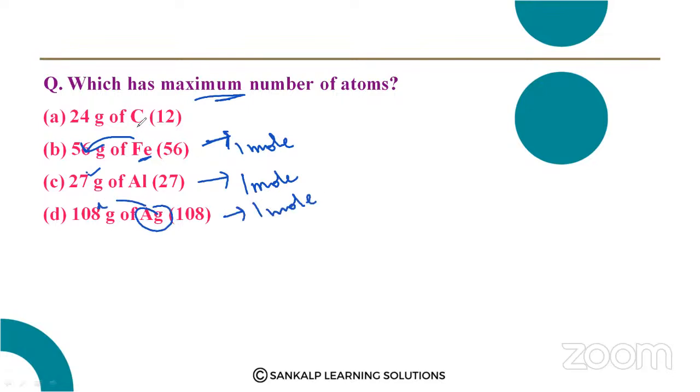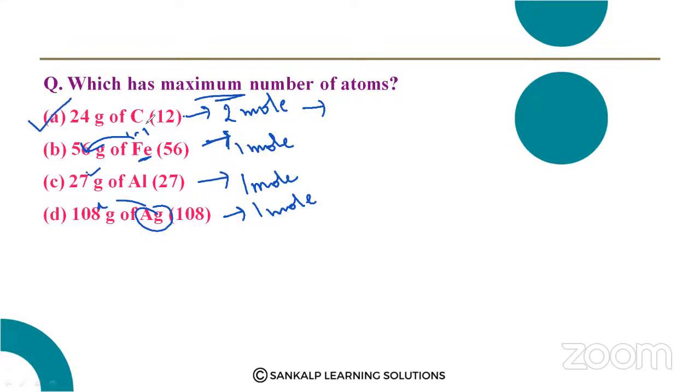Then the carbon 12 isotope will have 12 grams, right? The atomic weight of carbon is 12 grams. So this is 24, which means 2 moles. 2 moles means it has 2 into 6.023 into 10 raised to 23 atoms, right? So the correct answer is this. Which has the maximum number of atoms?